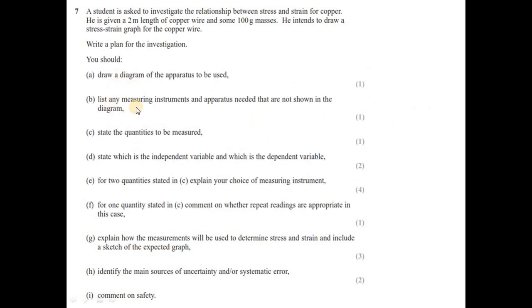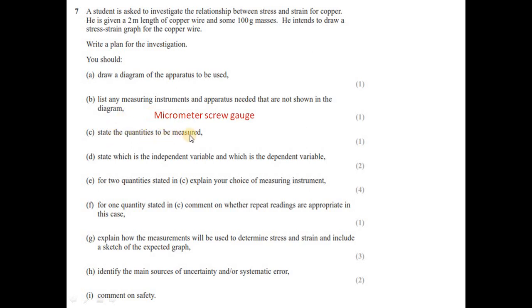Part B, list any measuring instrument and apparatus needed that are not shown in the diagram. One common answer for this is we don't mention the micrometer screw gauge, but we use this instrument in our experiment. So another measuring instrument is a micrometer screw gauge, and this device we use to measure the diameter of the wire.